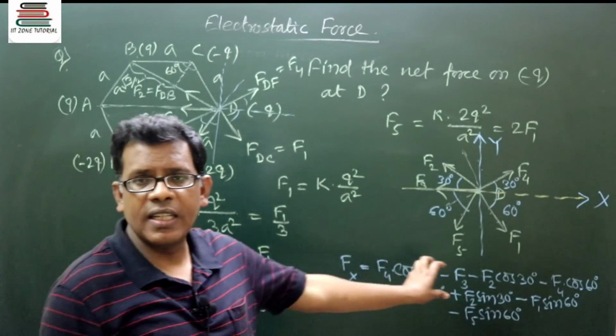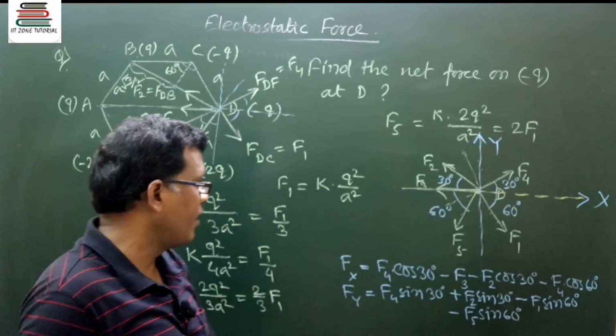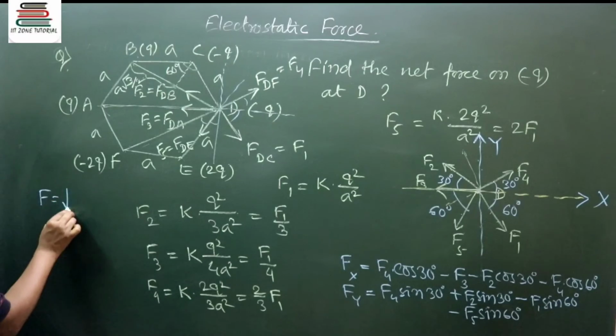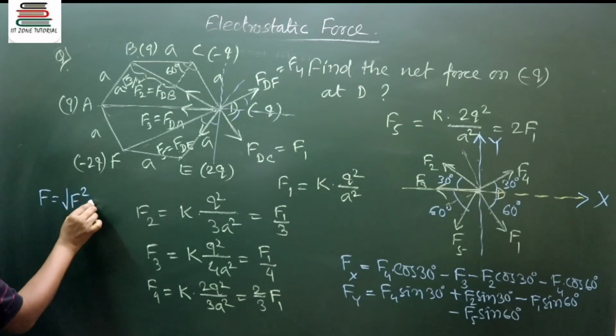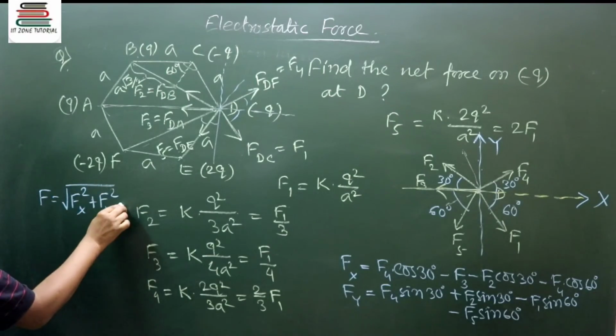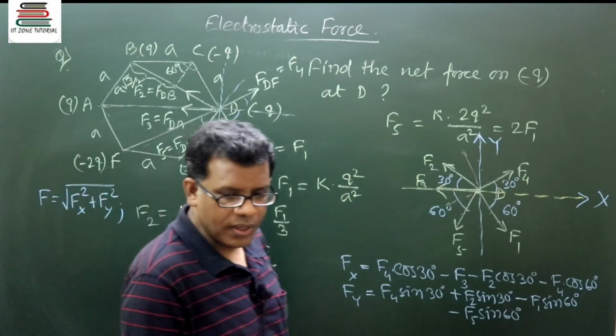After simplifying the Fx value and Fy value, the final result will be F equal to under root of Fx square plus Fy square. Got it or not? Could you follow this?